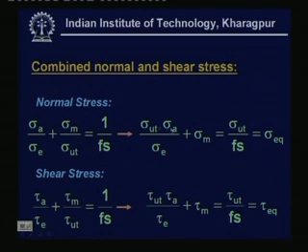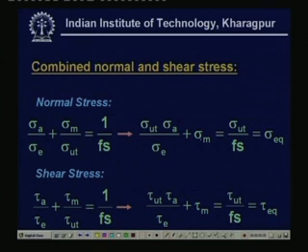With a little manipulation, you multiply all through by sigma ultimate, and we get an expression of this type. Now, if we identify this factor, you can easily realize that sigma ultimate by factor of safety is nothing but the concept of a design stress.